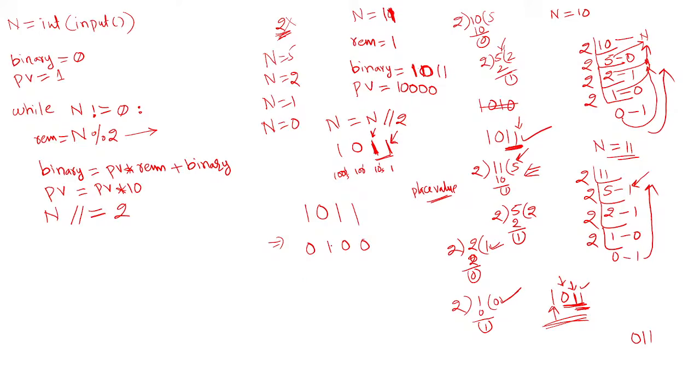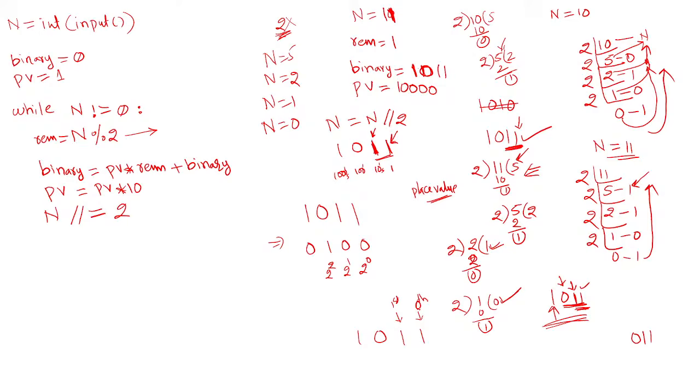This 0100 you get, and you need to multiply these with the place values, that is, the powers of 2: 2 power 0, 2 power 1, 2 power 2. Generally in binary representation, for example if the bits are 1011, this bit we call the 0th bit, this one the first bit.